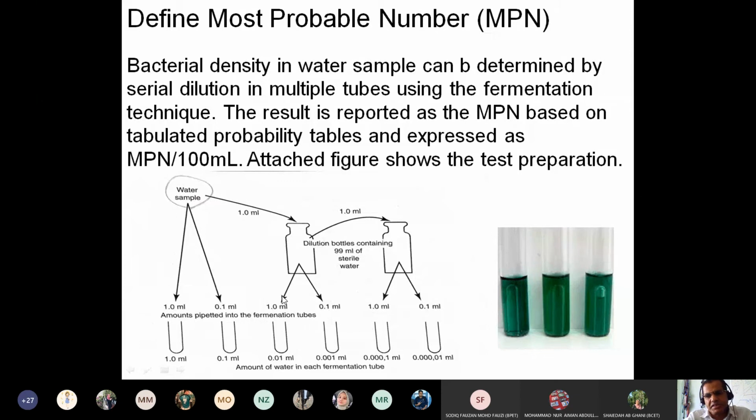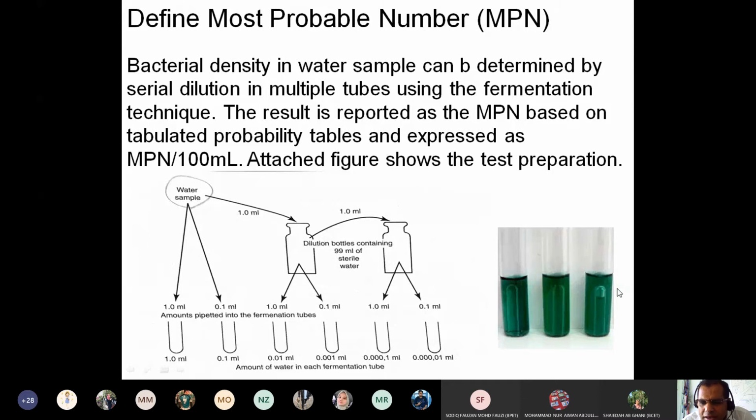So you see we have a series of tubes. We have too many tubes. And then we go every day to check if there are bubbles or not. It looks like this one. If you see this one, there is no bacteria, right?